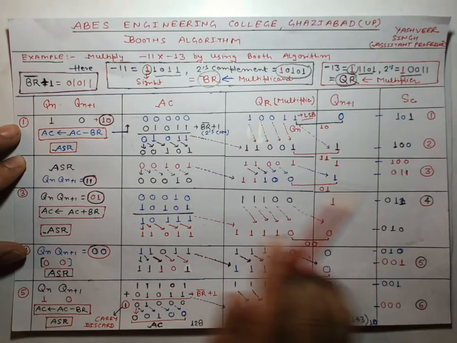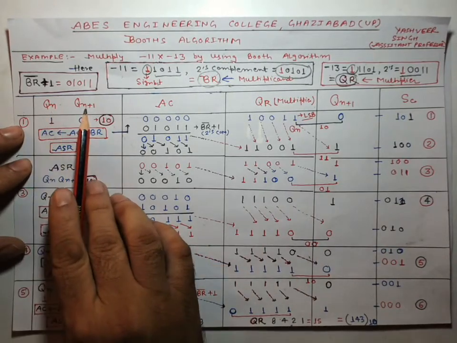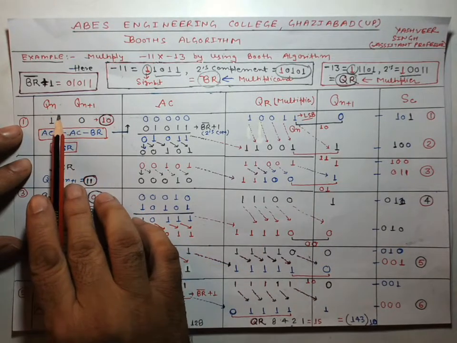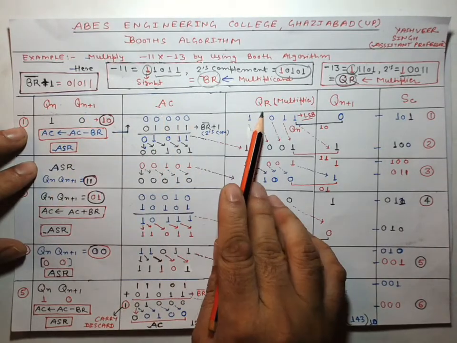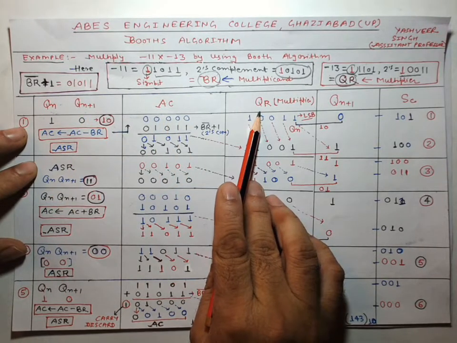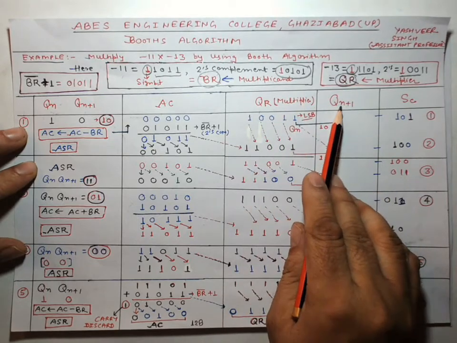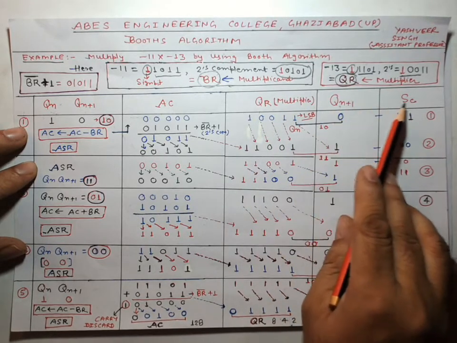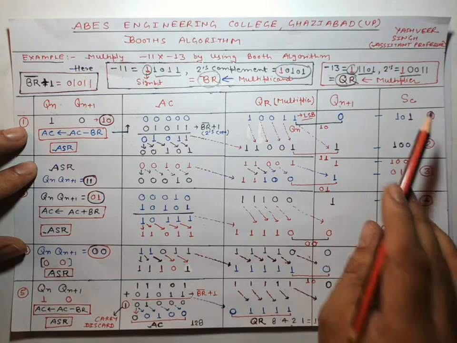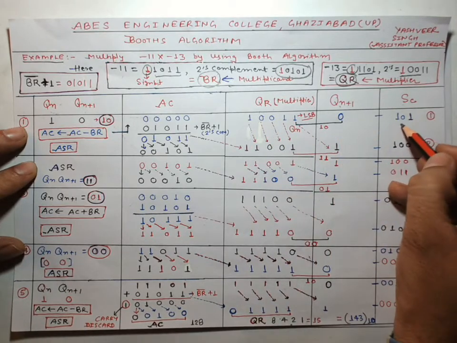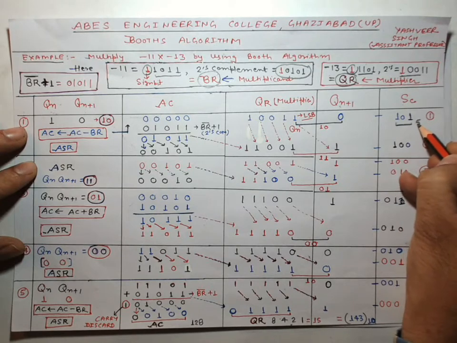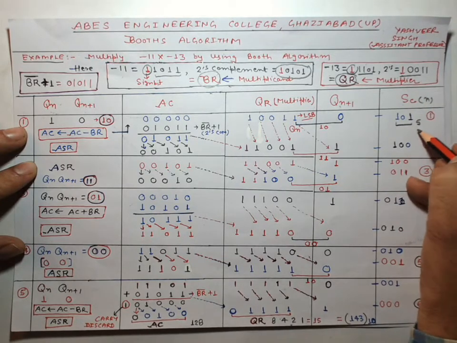And we apply this flow chart like this. Here is a table containing Qn plus 1, accumulator, QR meaning the multiplier, and the Qn plus 1 bit register. SC means sequence counter. First of all, this is the 5-bit representation, so sequence counter n equals 5 here.